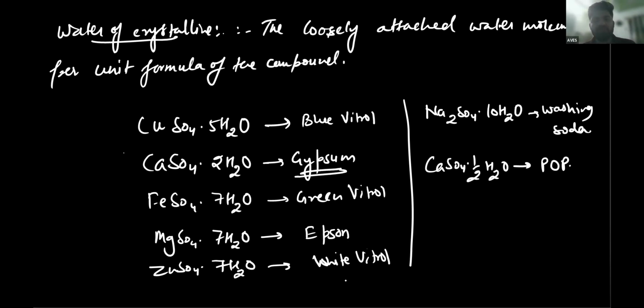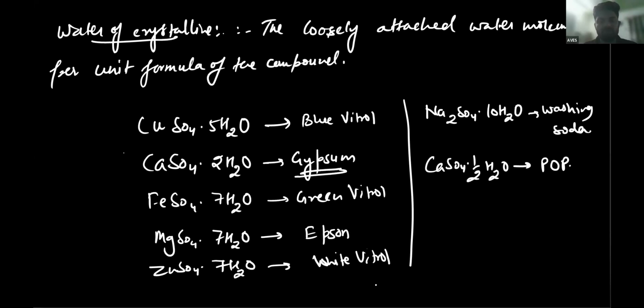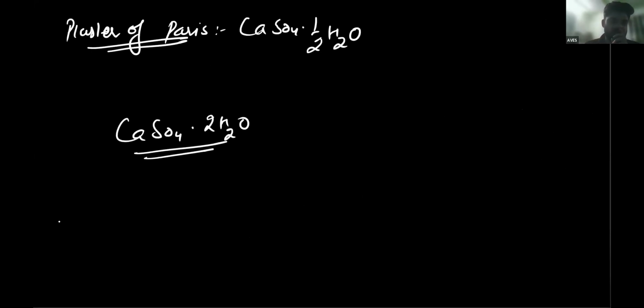This gypsum is a hard mass substance. When it is heated, it must be controlled heat. You cannot do uncontrolled heating. The temperature should not exceed 100 degrees Celsius or 373 Kelvin.